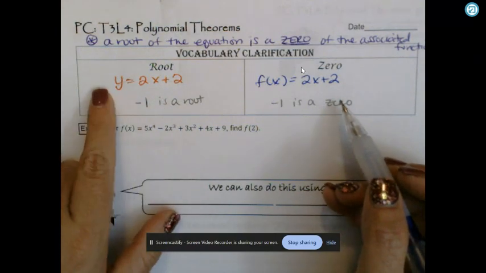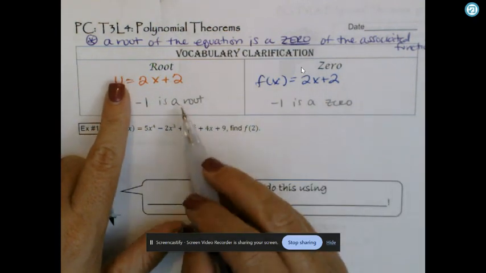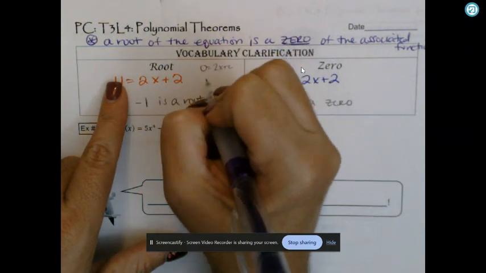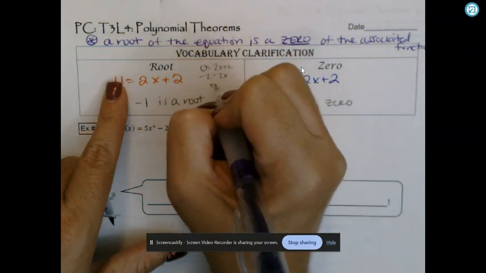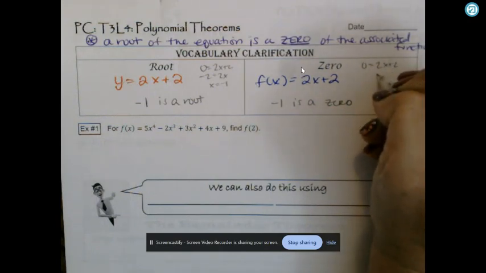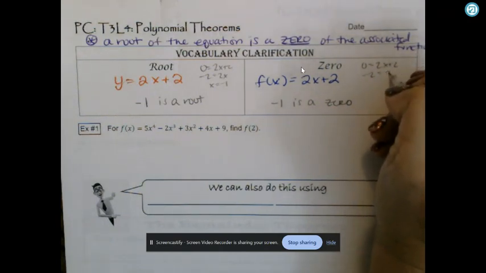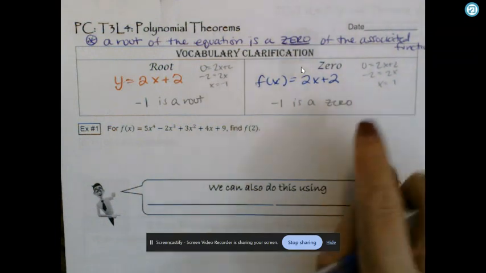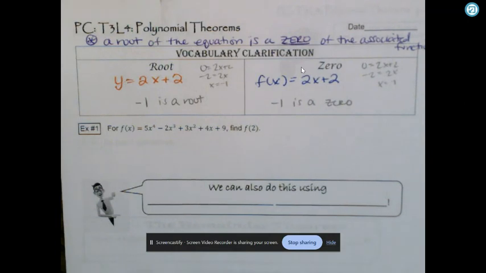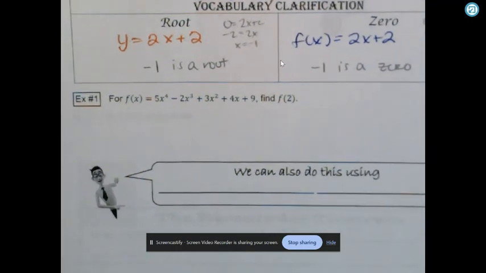The way we would solve this is we would put in 0 for y and move the 2. That's where you would get it for both of these. But over here on the function side it's a zero, and over here on the equation side it's a root. All right, so using that, we're going to move forward.